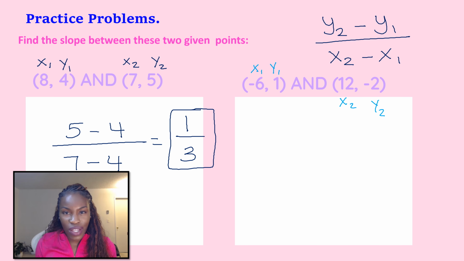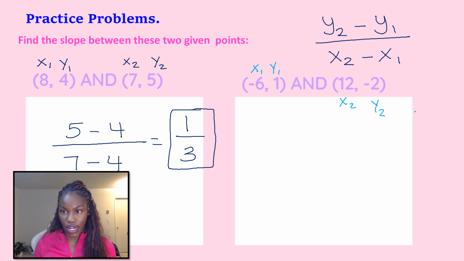And what I love about these is that they have negatives, so you're gonna be able to see some magic. Okay, so let's go ahead and write these down. So, let's go ahead and plug it in.